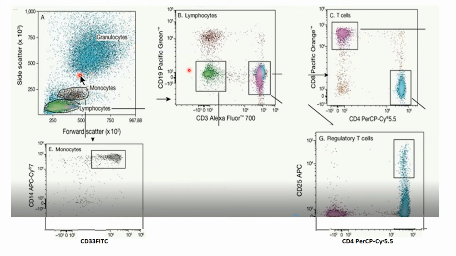Now here, these are the lymphocytes. These are CD19 positive cells, meaning B lymphocytes, and these are CD3 positive cells, meaning T lymphocytes. These T lymphocytes we can analyze further. On the x-axis we have CD4, and on the y-axis we have CD8.